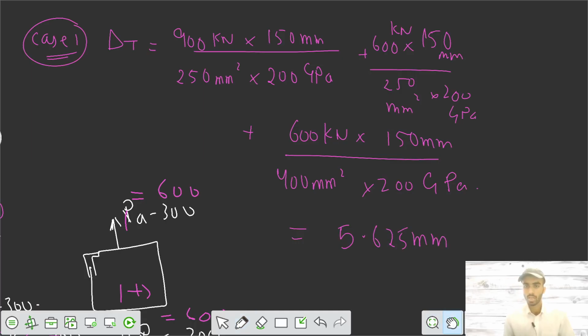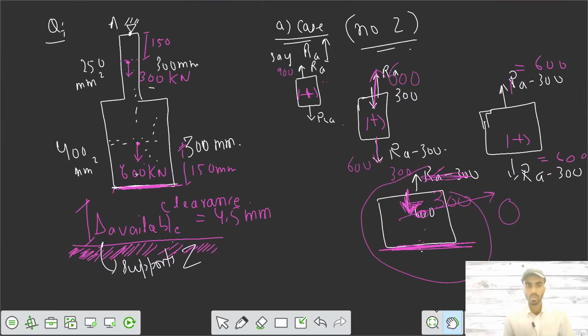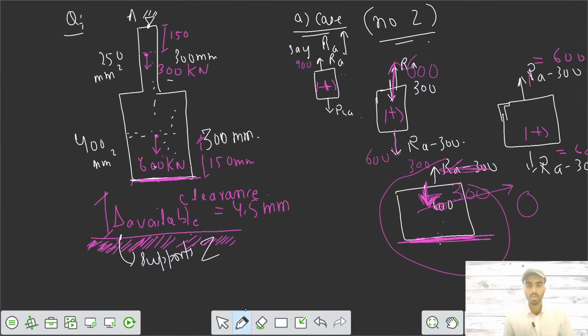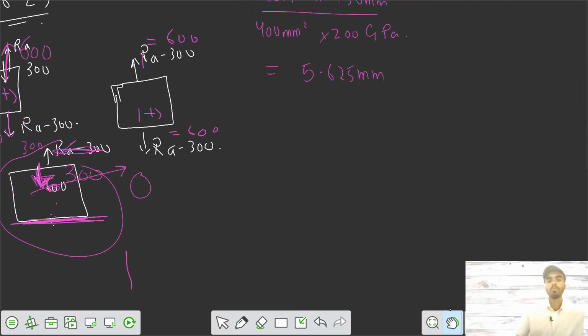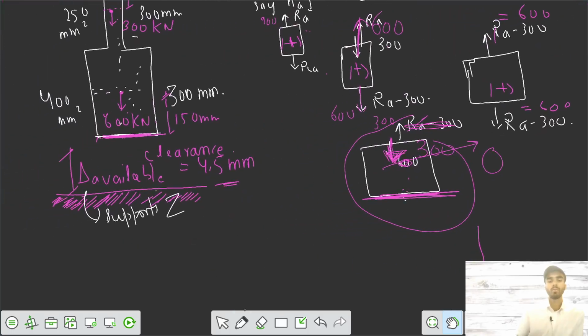But if you see how much the clearance was, the clearance was only 4.5 mm. If the clearance is only 4.5 mm, the body would try to expand, elongate. How much? The body would try to elongate 5.625 mm, but the clearance is only 4.5 mm.